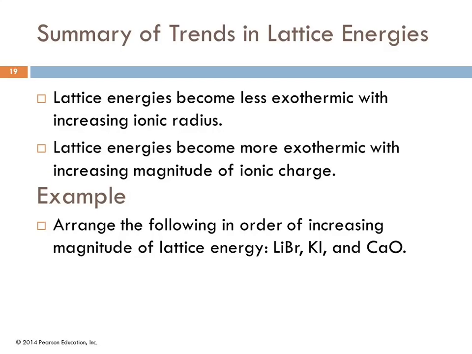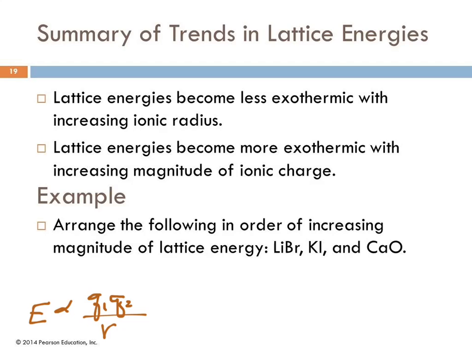I think the best way to remember stuff like this is just to remember Coulomb's Law. Coulomb's Law says that the energy is proportional to Q1 Q2 divided by R. Q is the charge: Q1, charge on one ion; Q2, charge on the other ion. If those are larger, the energy is larger. If the radius is smaller, the energy is larger because we're dividing by a smaller number.